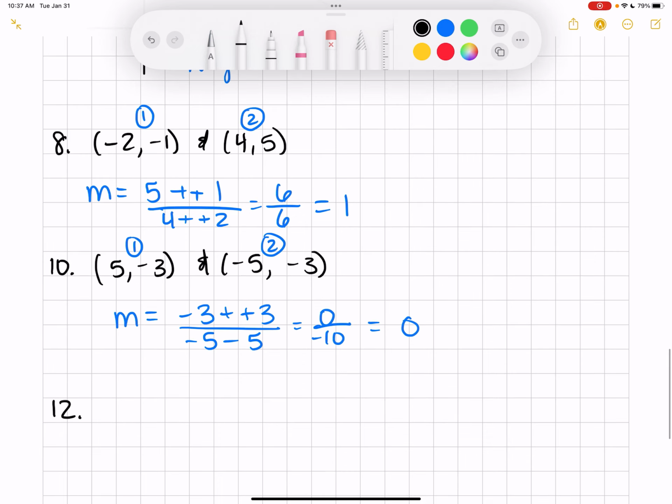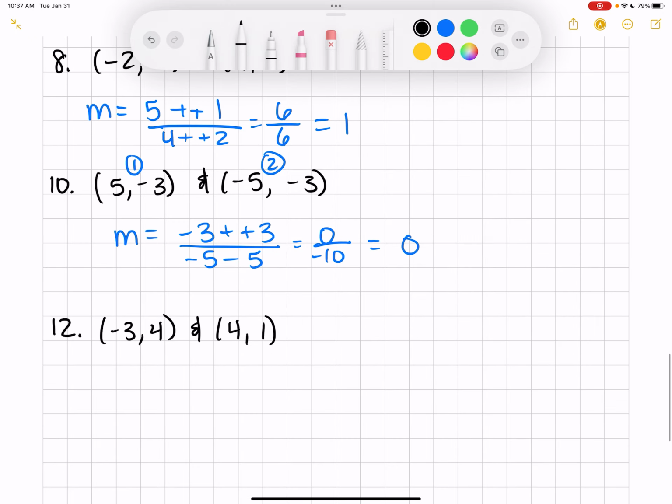Number 12. The points negative 3, 4 and 4, 1. So again, point 1, point 2. So how do I set this one up? 4 minus 1?